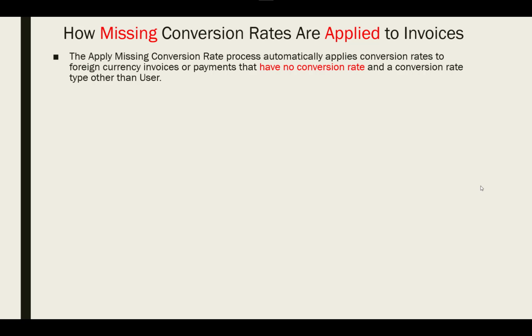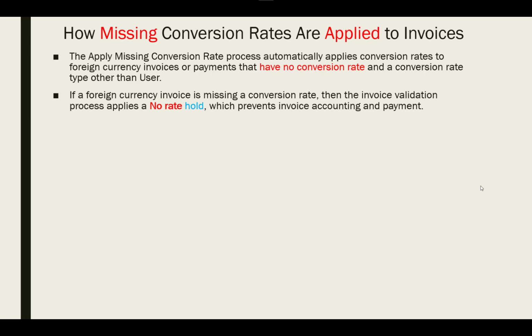You find that the corporate rate between these two currencies is not defined, so you can keep the invoice and the payment, go to GL to define the rates at the corporate, spot, fixed, whatever, between these two currencies, and again come to run missing conversion rate like this one.